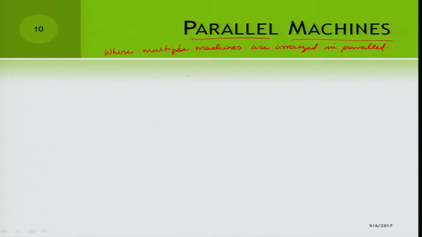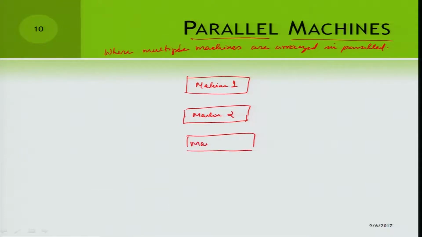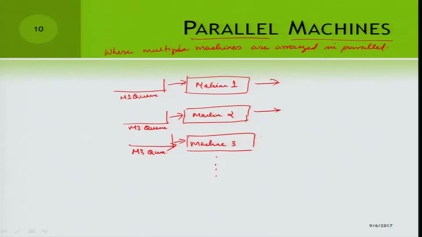An example would be machine 1, machine 2, machine 3, like this, and each machine has its own queue: M1 queue, M2 queue, M3 queue, and the products come out of this. This is also another setup. The parts arrive here, and then they get processed.